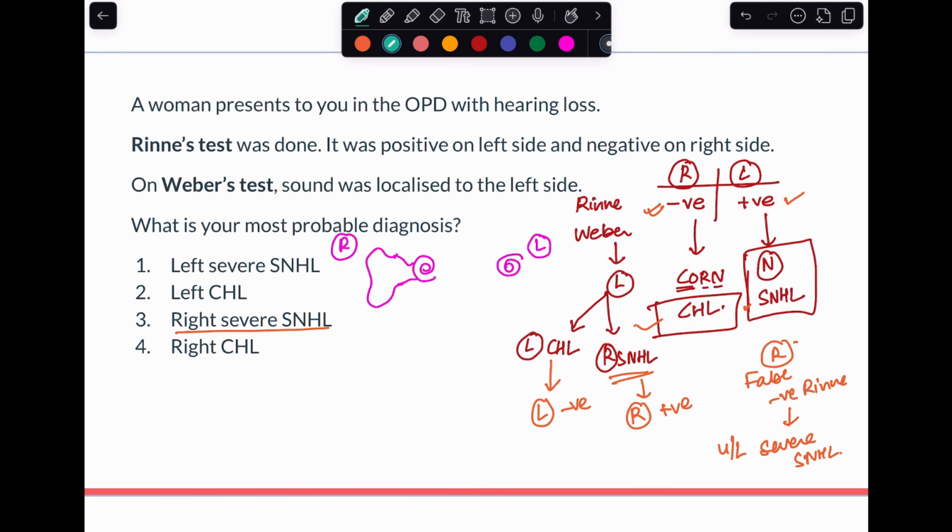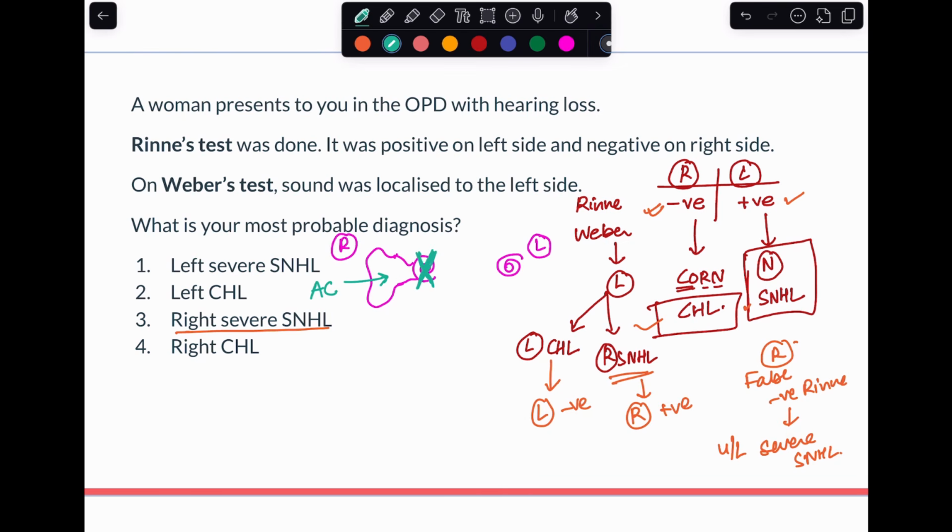So if the right side has a unilateral severe sensorineural hearing loss, that means this cochlea is severely damaged. It cannot perceive anything. First we are giving air conduction. Before this, you need to remember that in Rinne's test, we are comparing the air conduction of the ear with the bone conduction of the same ear. So we'll be testing both.